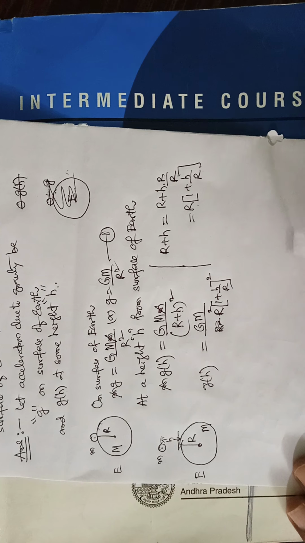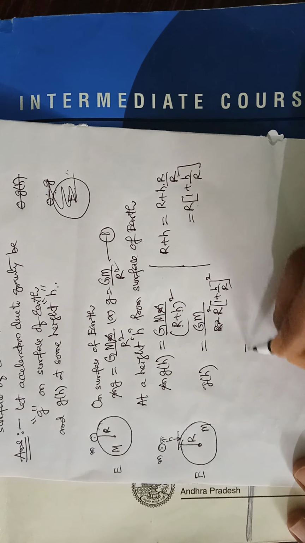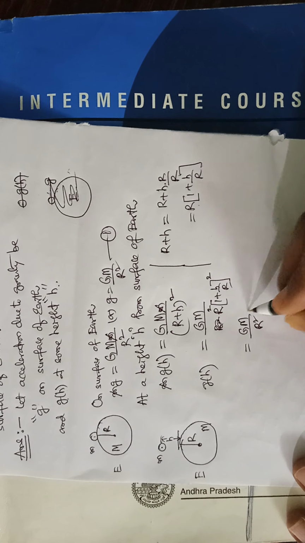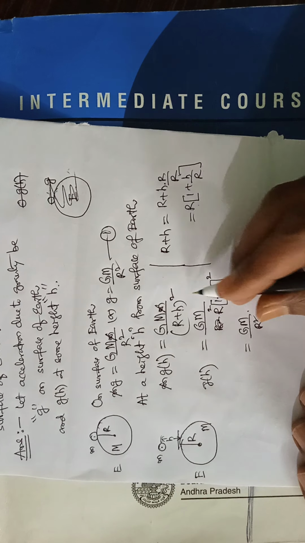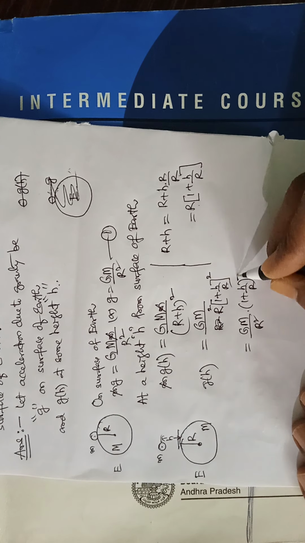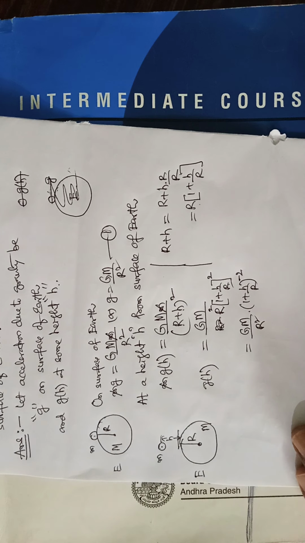Now this is equal to GM by R square into this, take into the numerator, minus 2.